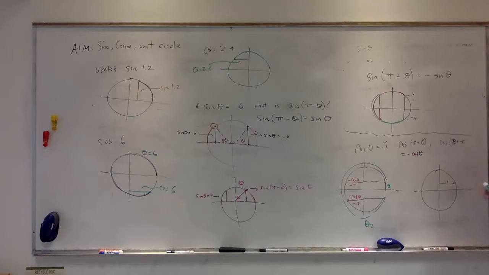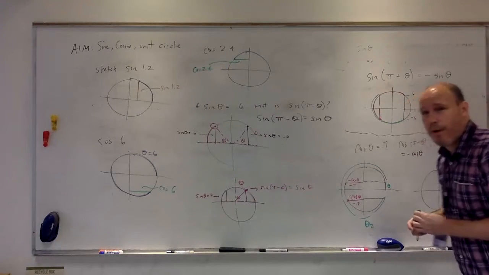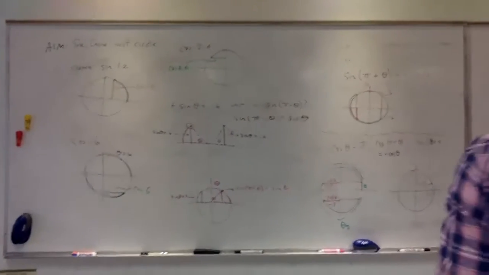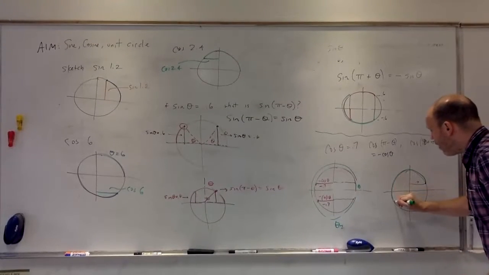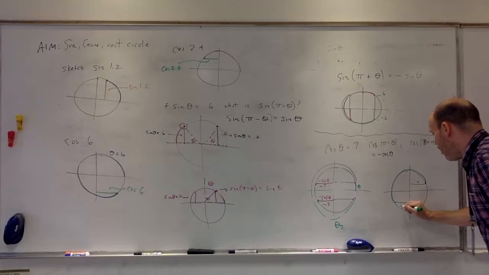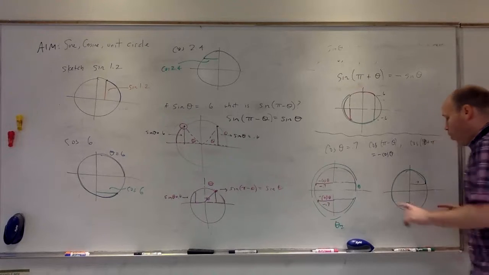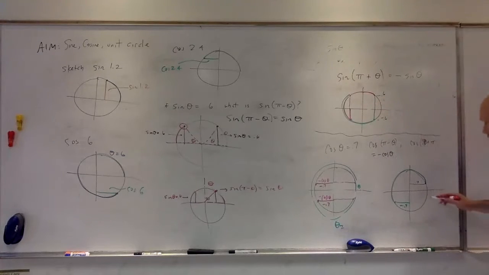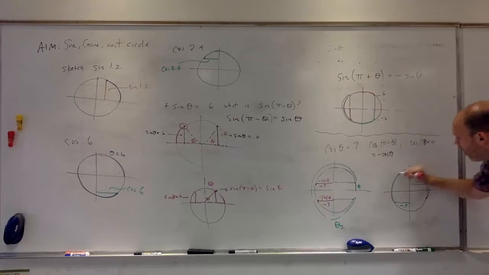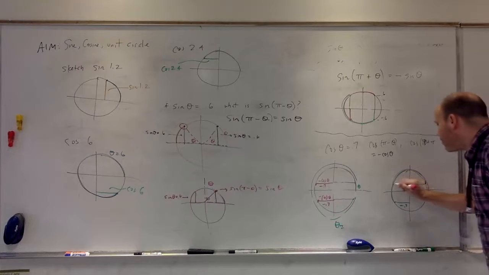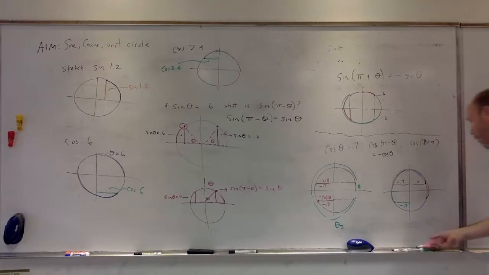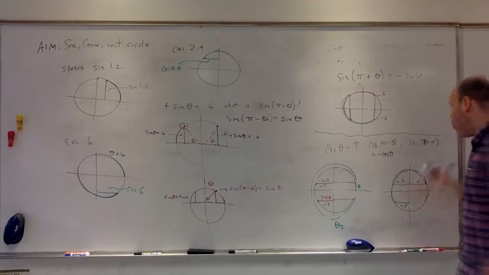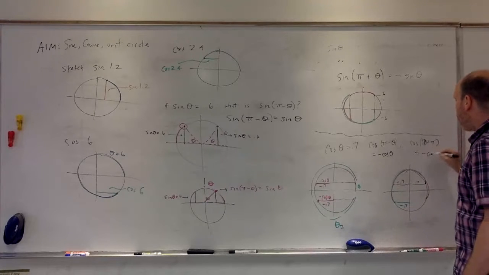We do a rotation of 180 degrees, and it takes us right there. Negative 0.7. So the cosine of 180 plus theta is also negative cosine theta.